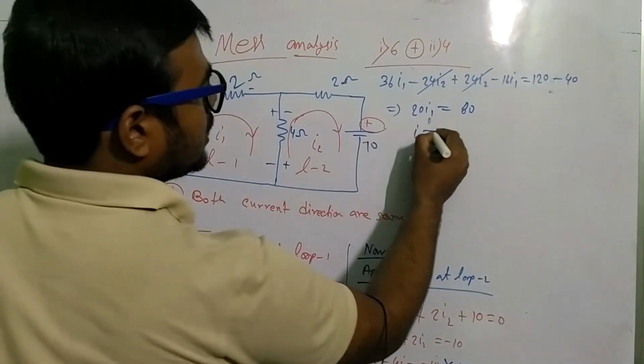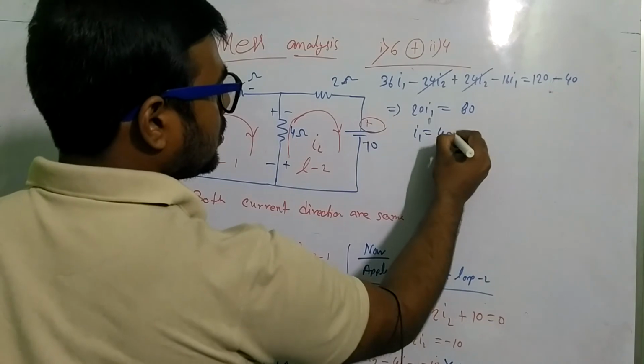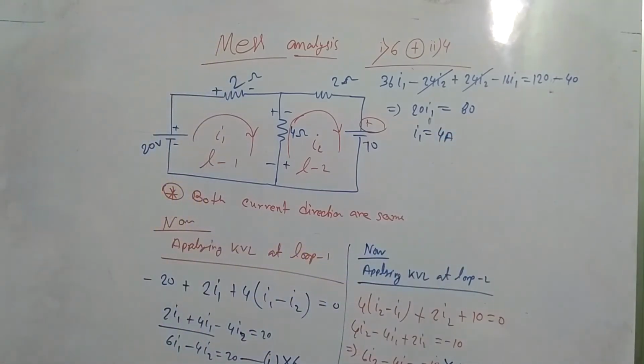So what is the value of I1? 4. The loop current I1 is 4.